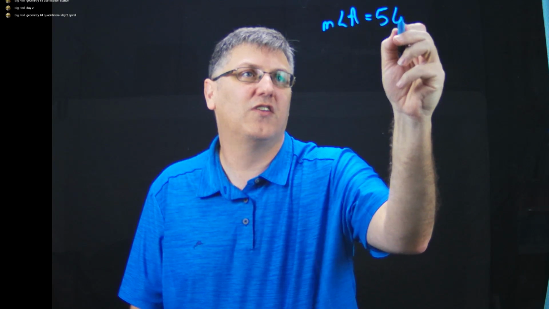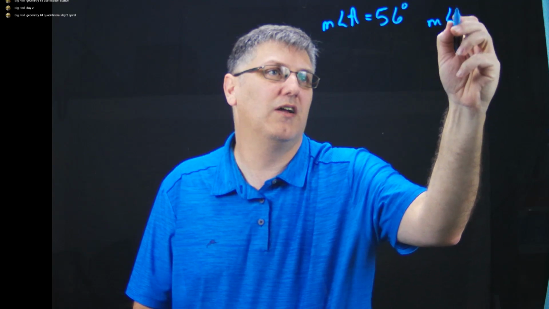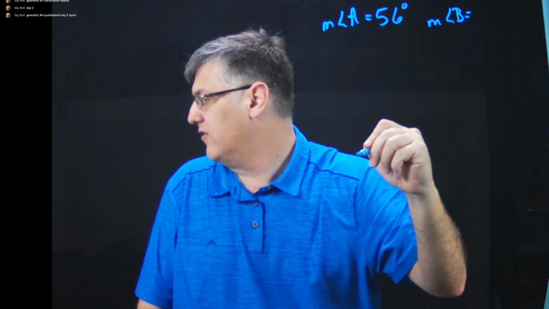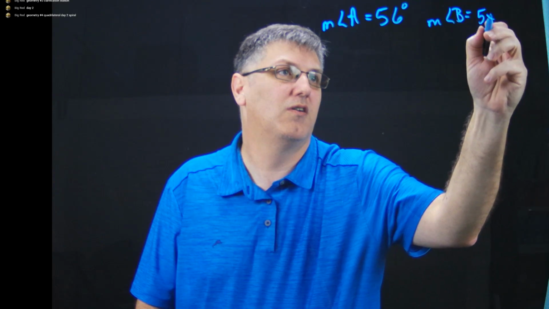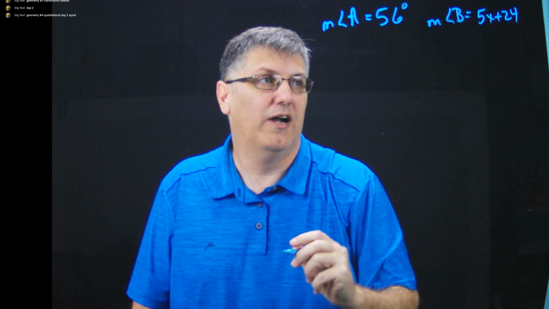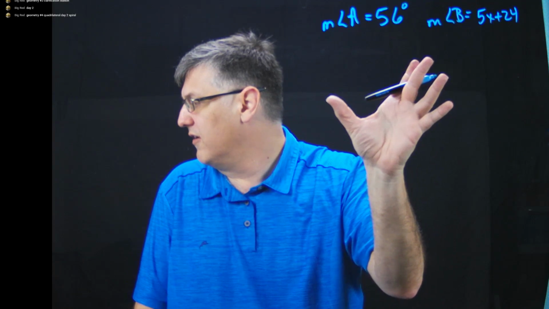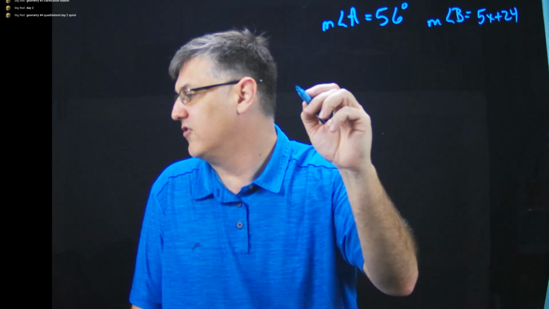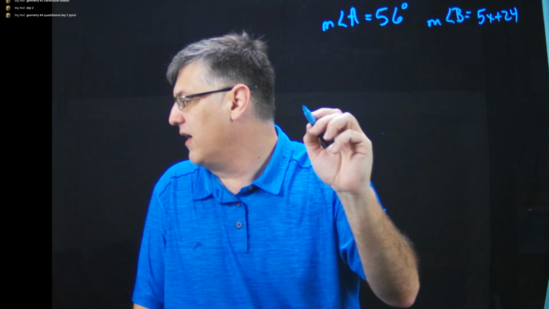It looks a little funny because I didn't type this one out. So here's what it gives us. It tells us that the measure of angle A equals 56 degrees, and it tells me the measure of angle B is 5x plus 24. All right, so that's the given information, and what it's going to ask for, it says, what is the value of M?